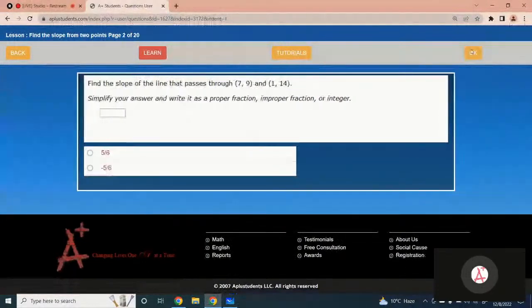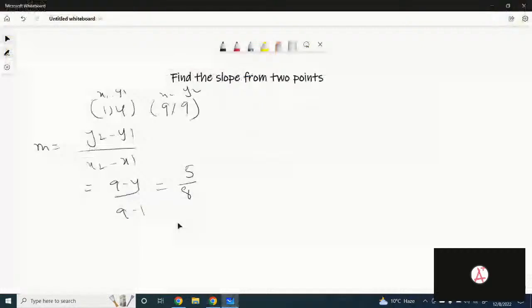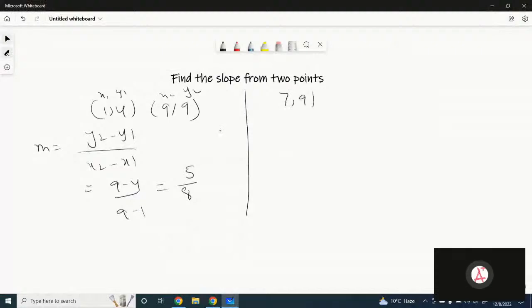Okay, the next one is find the slope of the line that passes through 7, 9 and 1, 4. The points are 7, 9 and 1, 4.